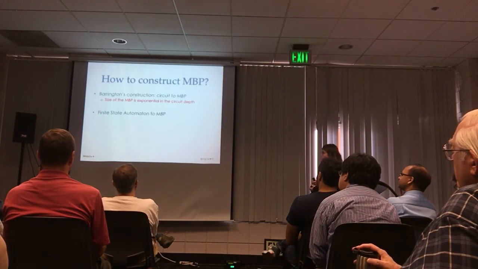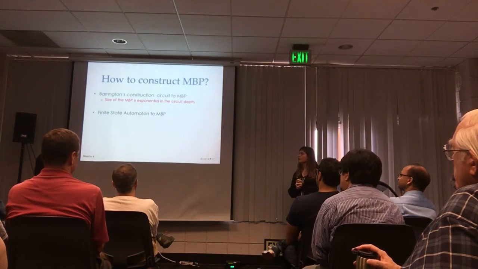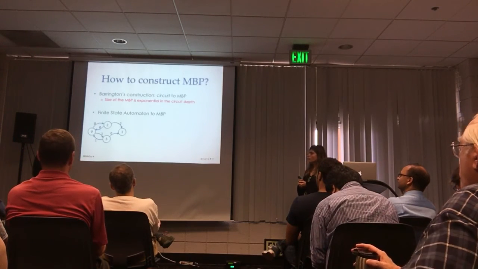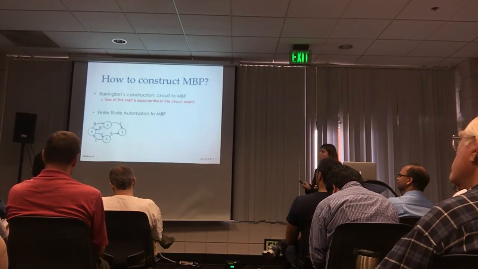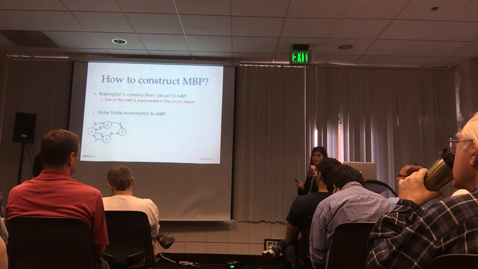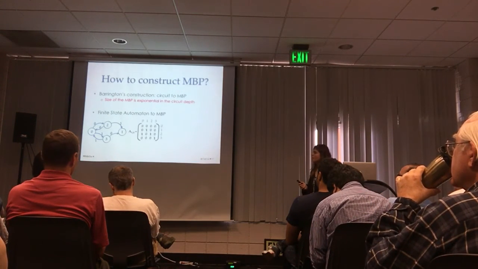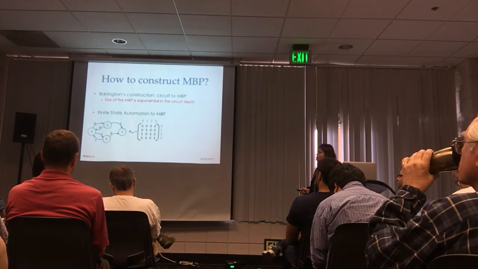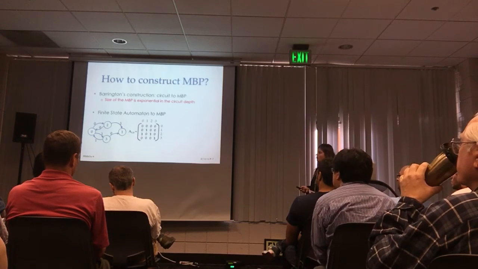The other approach, as Amit mentioned, is going from a finite state automaton to the matrix branching program. You can just take the finite state machine that represents your computation, and this is what Cryptol is good at compiling down to. And then you can specify the matrices that correspond to the transitions in your finite state automaton.